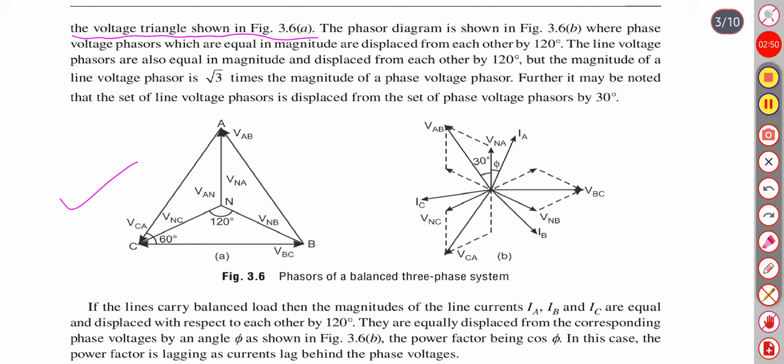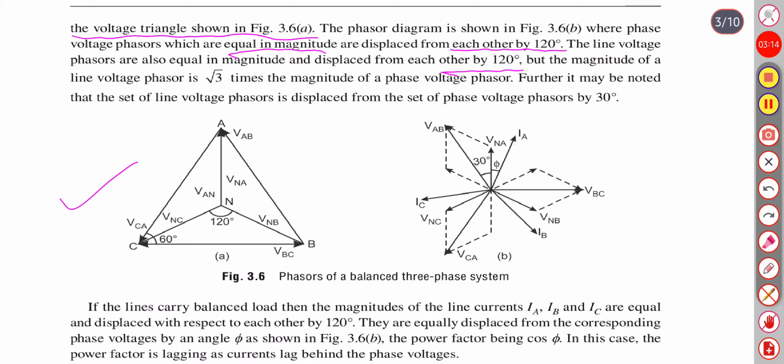The phasor diagram shows that the phase voltage phasors, which are equal in magnitude, are displaced from each other by 120 degrees. The line voltage phasors are also equal in magnitude, displaced from each other by 120 degrees.